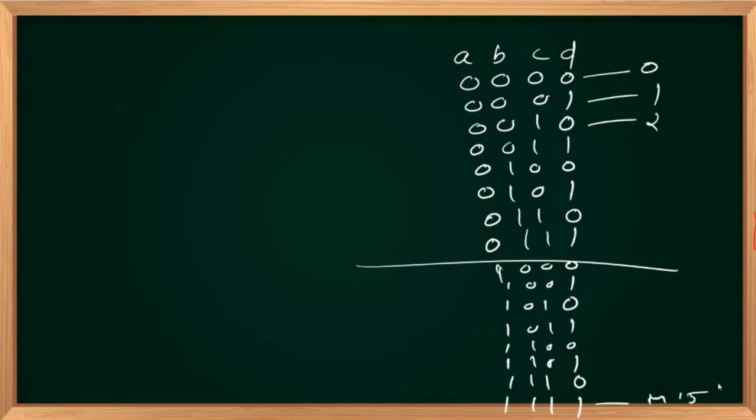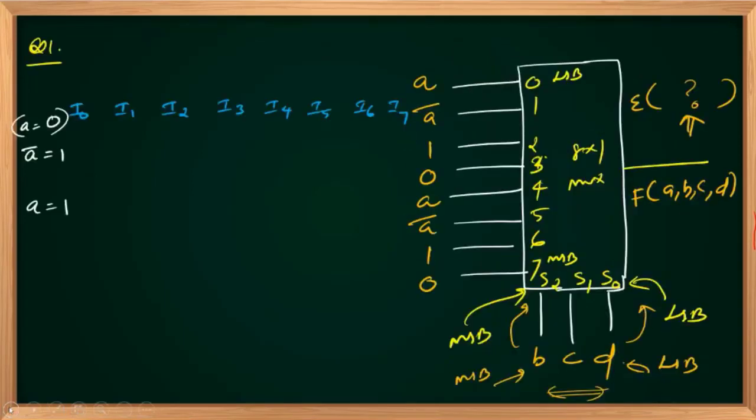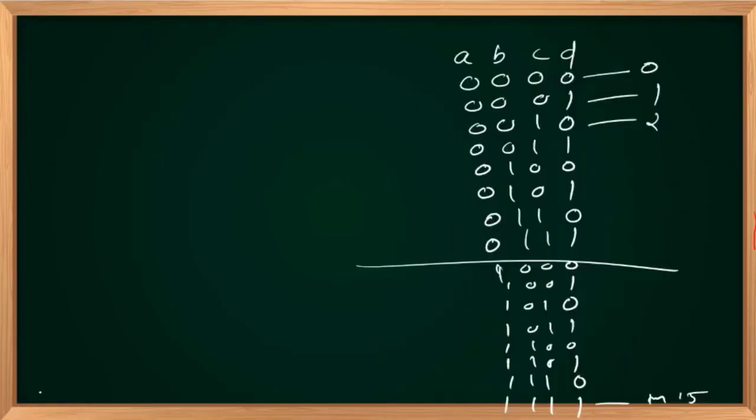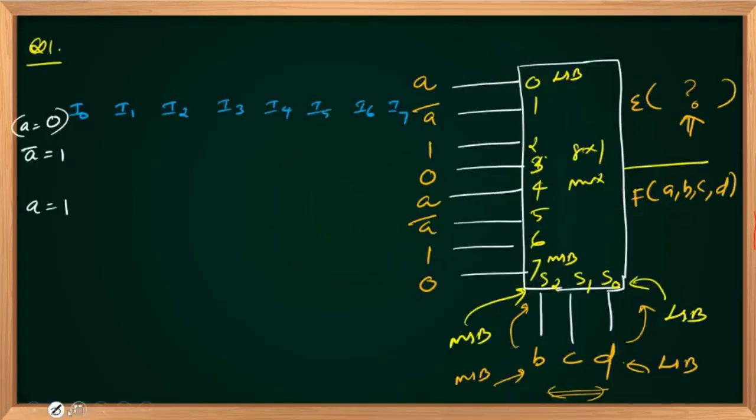Okay, now look at our table. A bar equal to 1, first row implies A equal to 0. The minterms with A equal to 0 should be written in progressive order. Look, with A equal to 0 the minterms are M0 to M7. Correct? M0 to M7. This is M8. So I should write M0 to M7: M0, M1, M2, M3, M4, M5, M6, and M7.